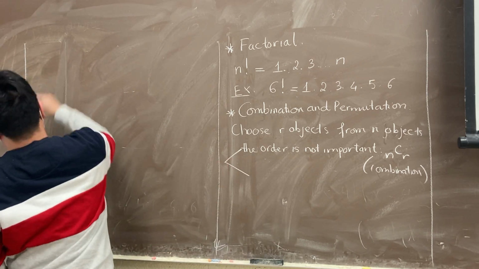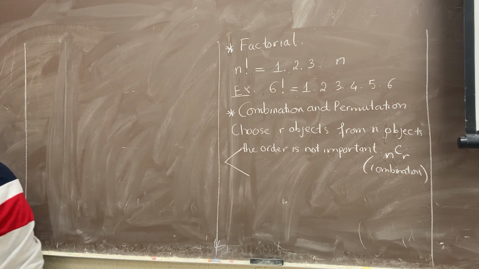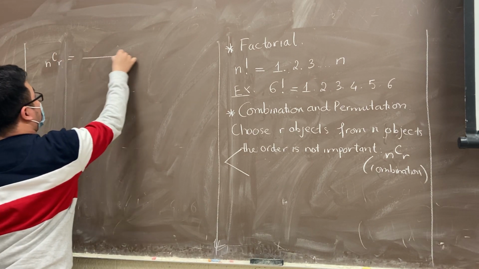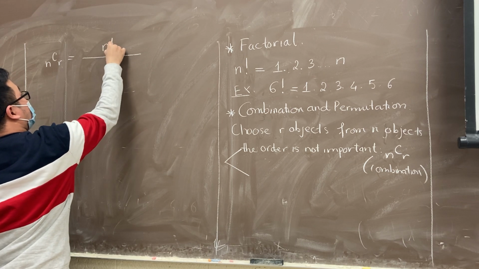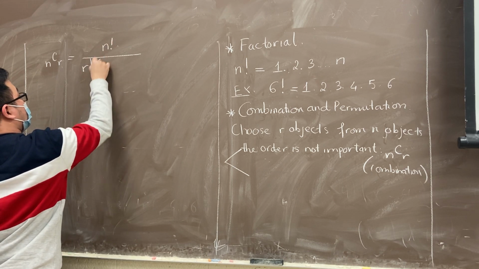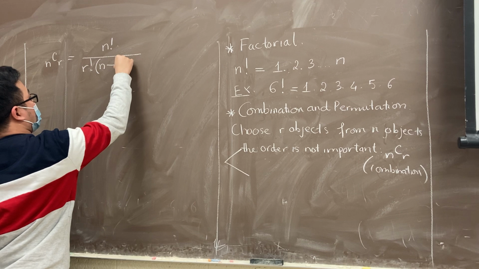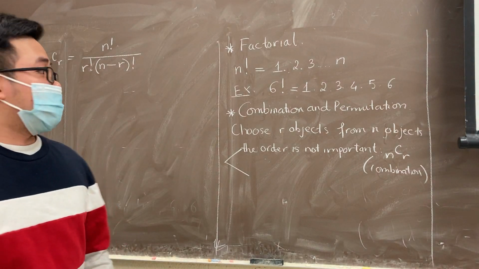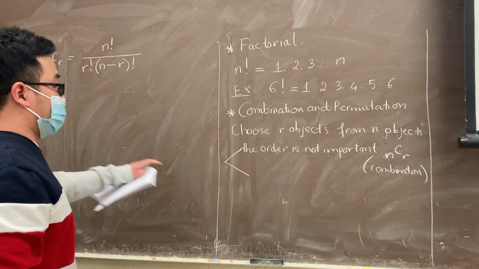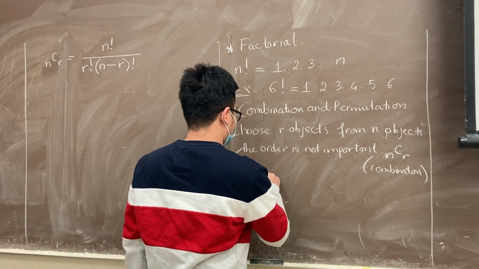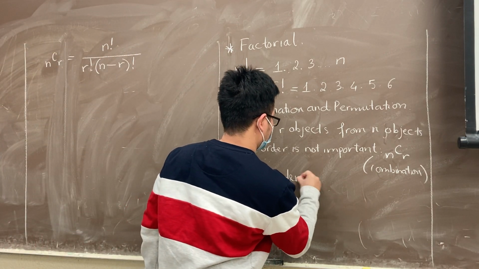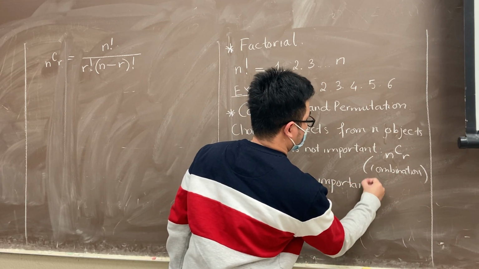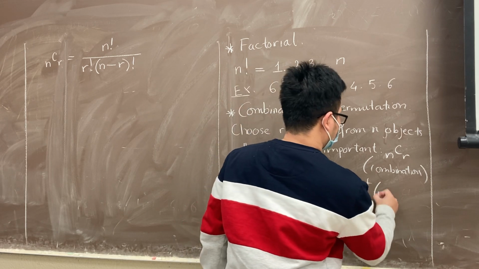Okay, nCr is calculated by n factorial over r factorial times (n minus r) factorial. That's the formula for combination. When the order is important, we will use the permutation.